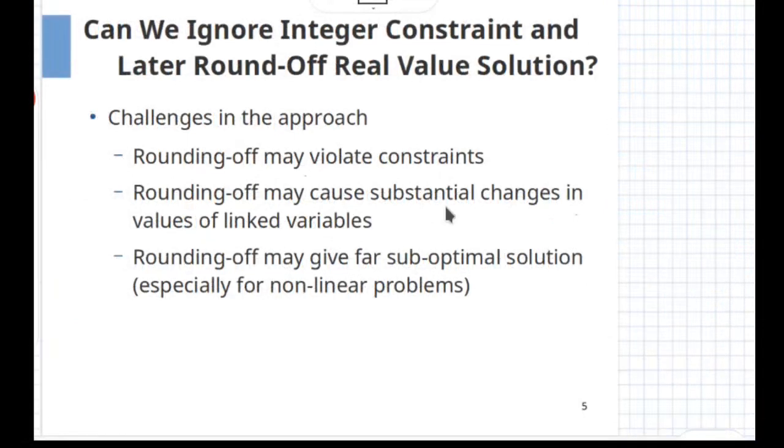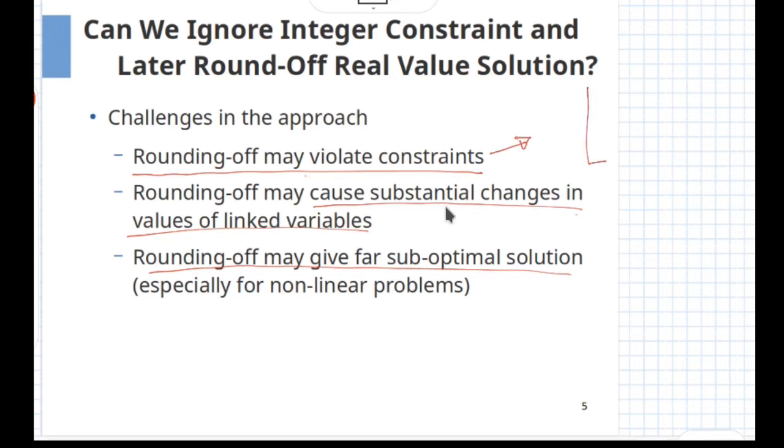In this slide, I am giving 3 reasons. The first reason is that the rounding off may violate the constraints. The second is that rounding off may cause substantial changes in values of linked variables. And the third is that rounding off may give suboptimal solutions. Let's understand one by one what is the meaning of them. The first thing is relatively simple to understand.